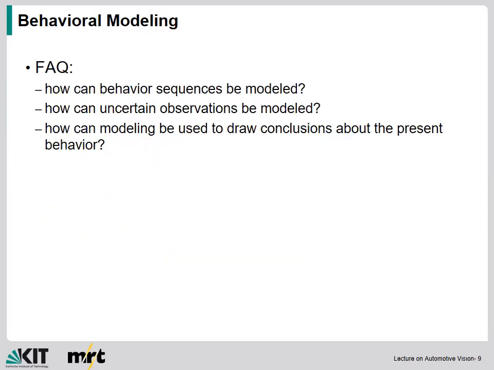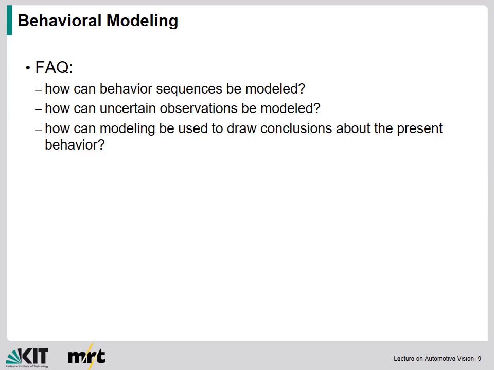Now 3 questions arise. How can we model the sequence of behavioral elements? How can we model the uncertainties of the observations and the ambiguities of the observations? And how can we use that modeling to draw conclusions and make guesses about the present behavior?